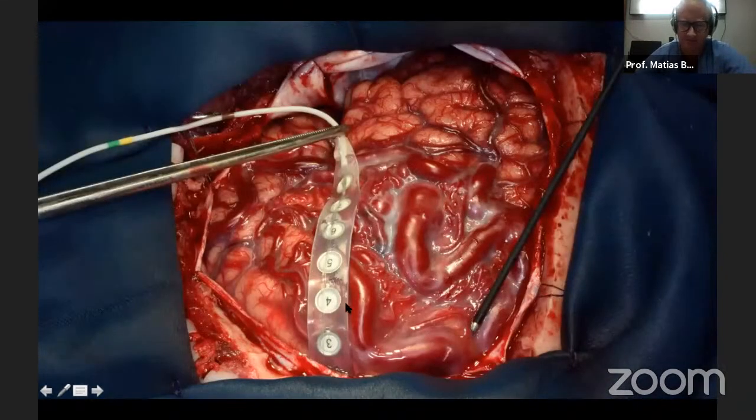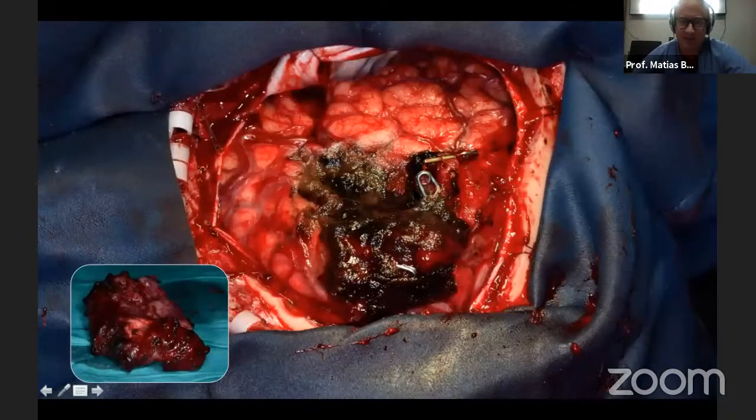During all the surgery, we operated on this patient using this neuromonitoring assessment, and this was why the surgery was so long too. And this is the final view. We can observe the complete removal of the AVM.